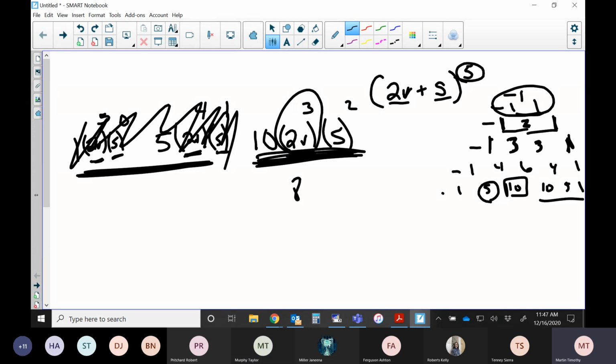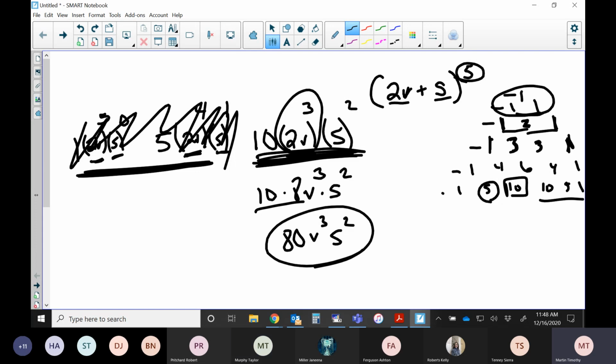It'd be 8. And then what's v times v times v? V to the 3rd. And then s squared is just s squared. And I'm timesing it by 10, yes? Yep. So all this is multiplication, so I can actually multiply these together. Okay, I got it now. And that's the only one I cared about. Thank you.